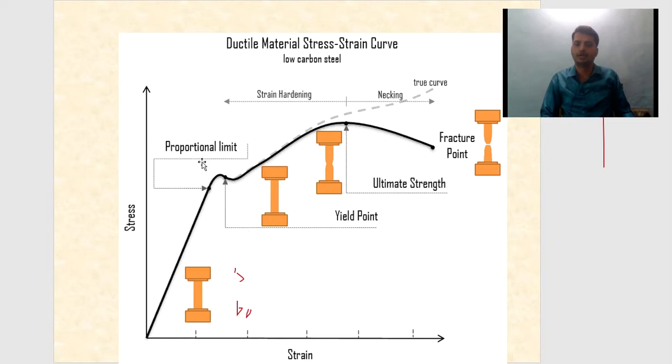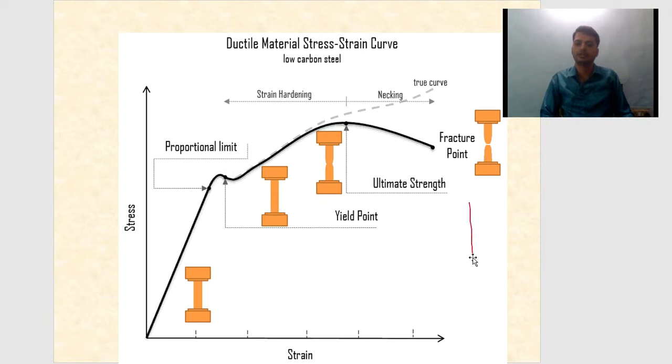See here, first, applying a load at the starting place, we call it the proportionality limit. What is this proportionality limit? Here stress and strain are proportional to the load applied. Next, if you keep on increasing the load, there is some deformation.